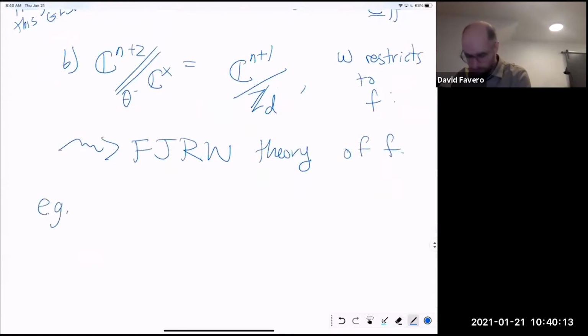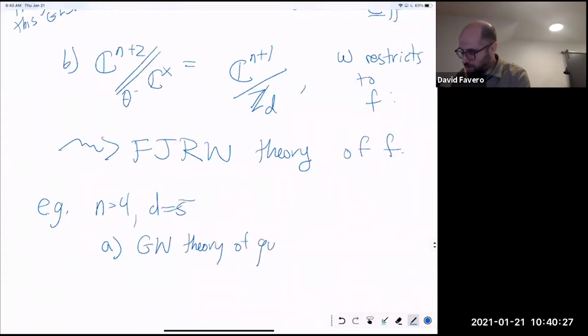So, for example, if you do n equals 4, d equals 5, then the two theories, A is Gromov-Witten theory of the quintic, and B is FJRW theory of the quintic. And as Matt mentioned yesterday, these are related by analytic continuation.